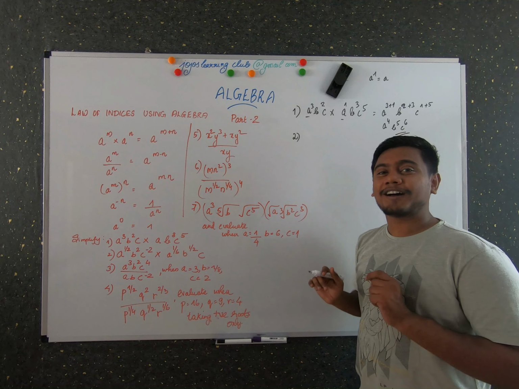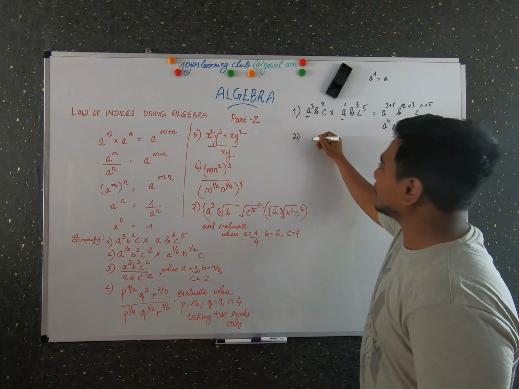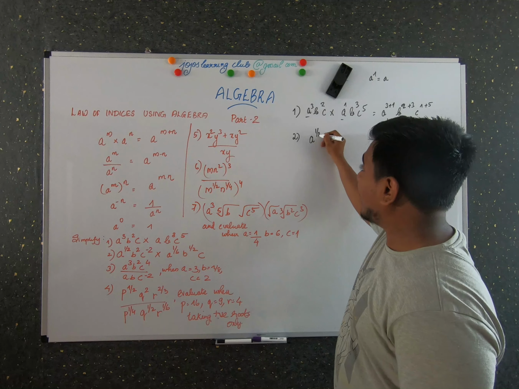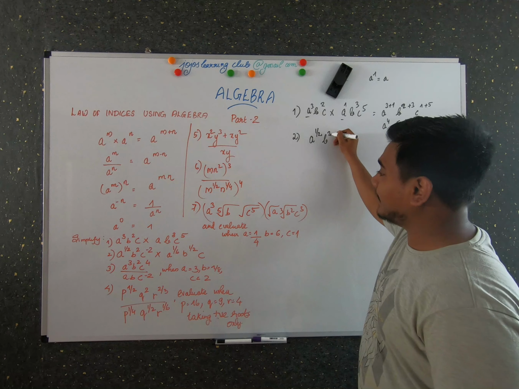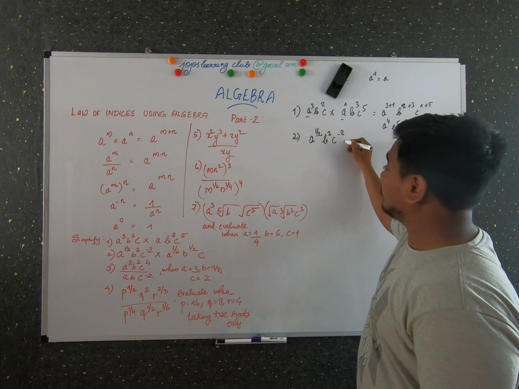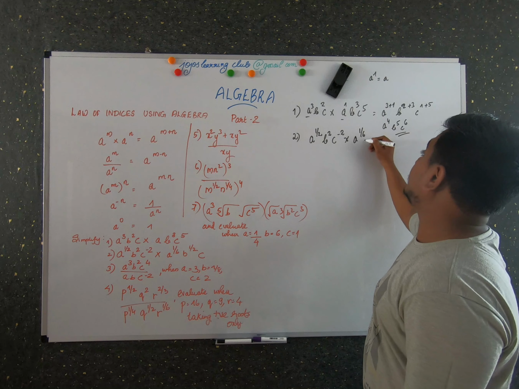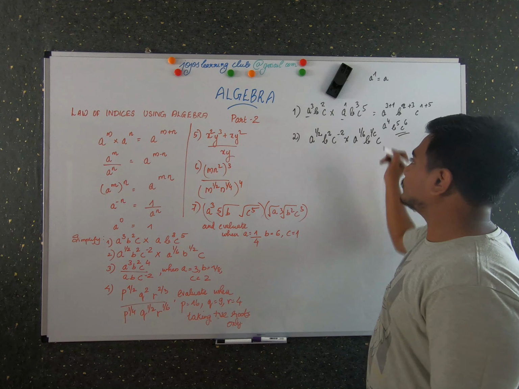Now let's do another problem which is a bit more difficult than the first. Here a raised to 1 by 2 b square c raised to minus 2, which is multiplied with a raised to 1 by 6 b raised to 1 by 2 into c.